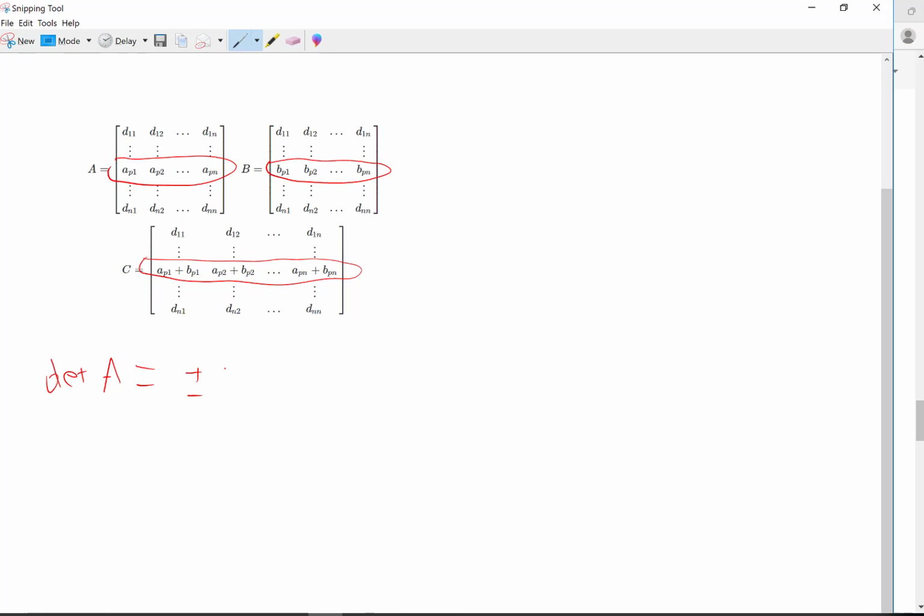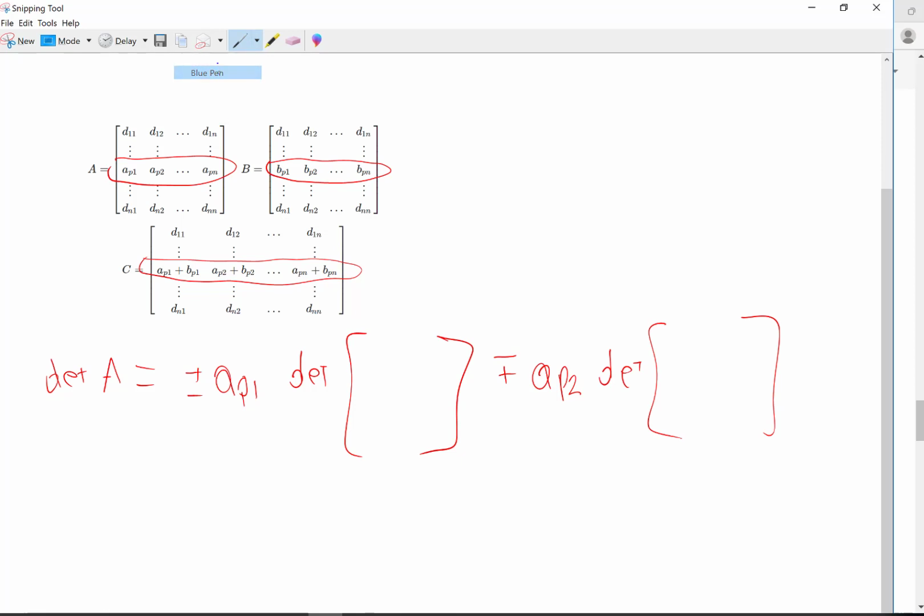We take plus or minus AP1 times some determinant, and then we do, I guess it'd be minus or plus, AP2 times some determinant. Now what about matrix B? Well, I'll do that in blue. It's almost the same thing. These matrices are exactly the same. The only thing different is that we have BP1 and BP2 because we're in row P.